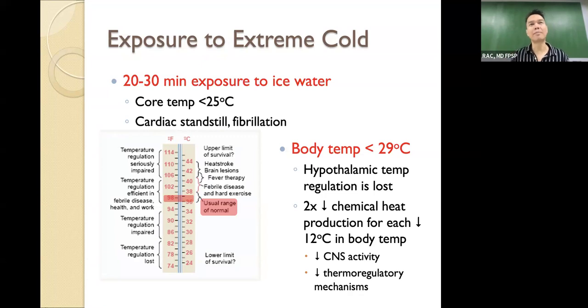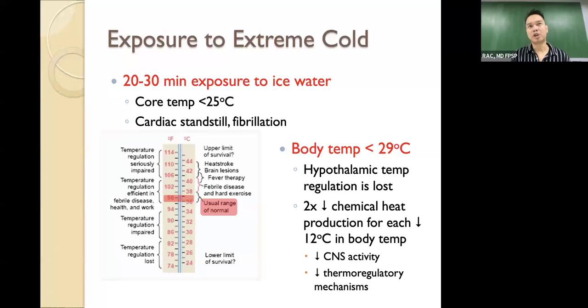Sometimes early manifestations will be confusion of the patient. Sometimes it will manifest as tactile hallucinations. Like, for example, the patient might be experiencing heat instead of cold. As hypothermia sets in, you'll have weakness, lethargy, and then you have this tendency to sleep.